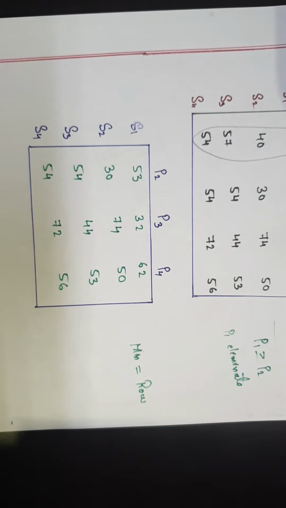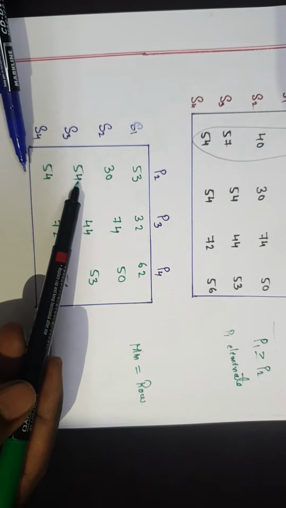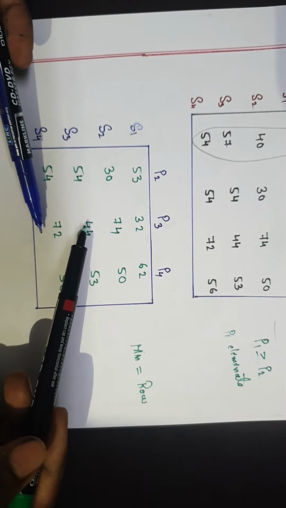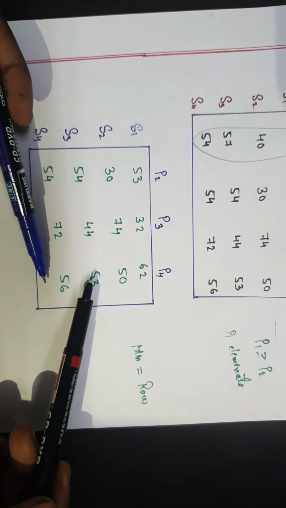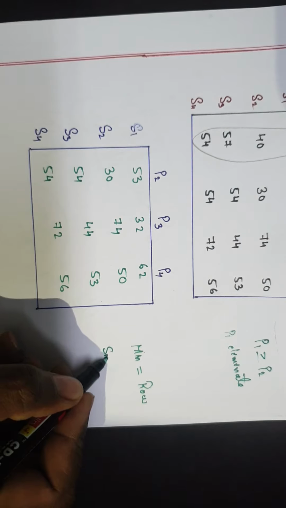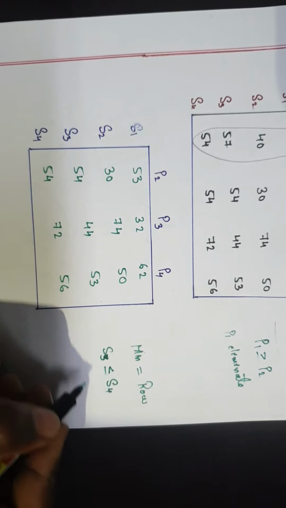So the thing is that whatever you are selecting, one entire row value should be less than the other entire row value. So here, as you can see, S3 is a lesser value compared to S4. S3 is less than or equal to S4.